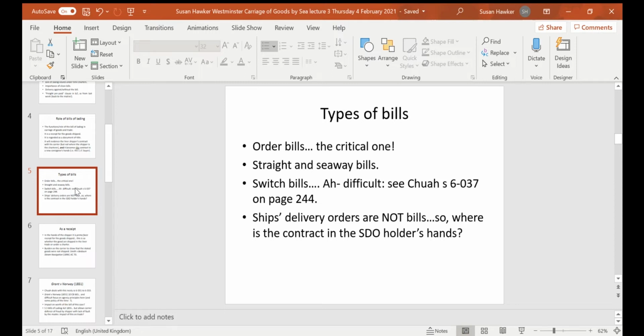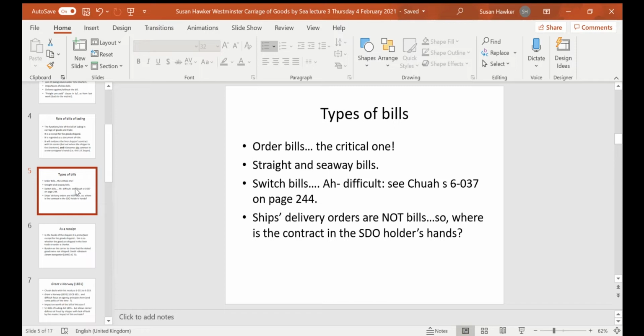But when we get to our reading group on Thursday, when we look at a case called the Raffaella S., we will see that in actual fact, Lord Steyn thought that seaway bills were different from strait bills in one respect. And so who knows is the answer. Who knows? To be honest, who knows?